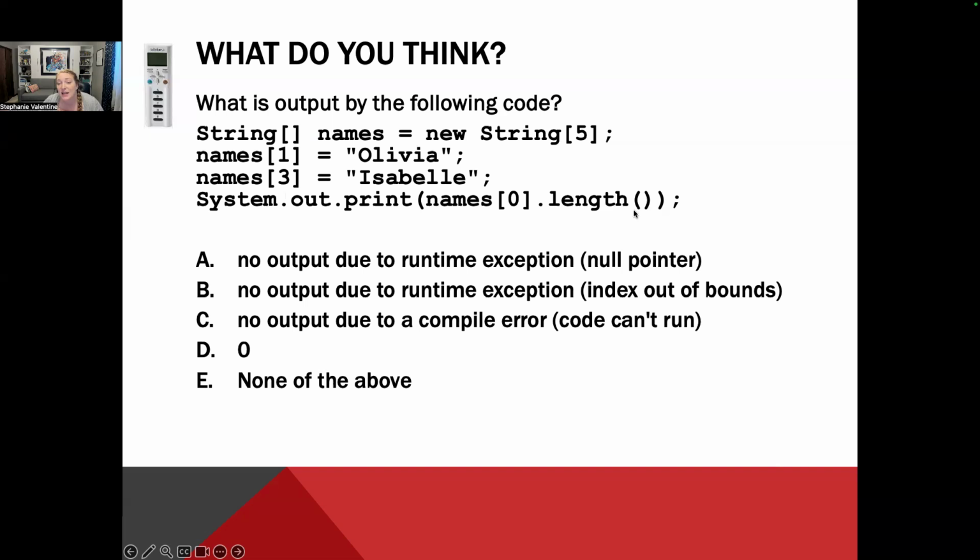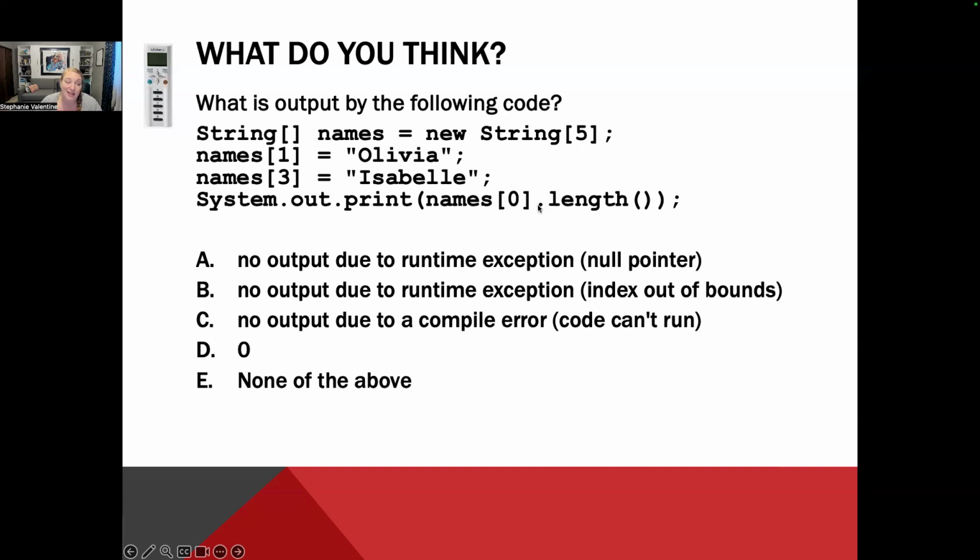We cannot take the length of a null variable, and therefore this is going to be an error. And it's going to happen at runtime because there's no way for us to figure out at compile time that there's something that's going to be wrong. Java is just not smart enough to conceptually understand that we haven't set that variable yet.